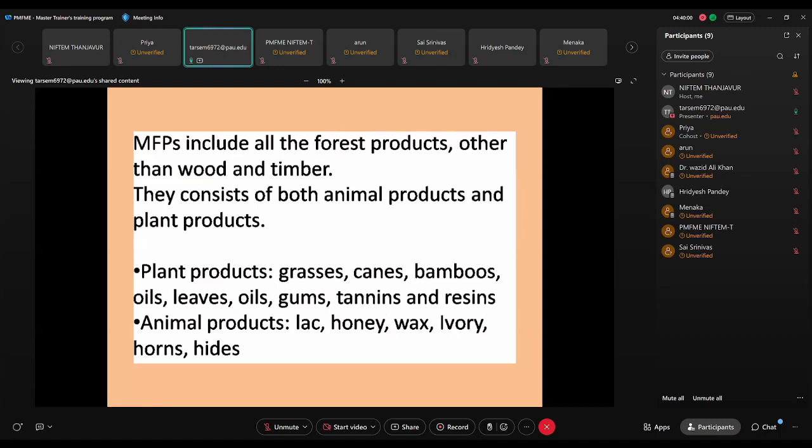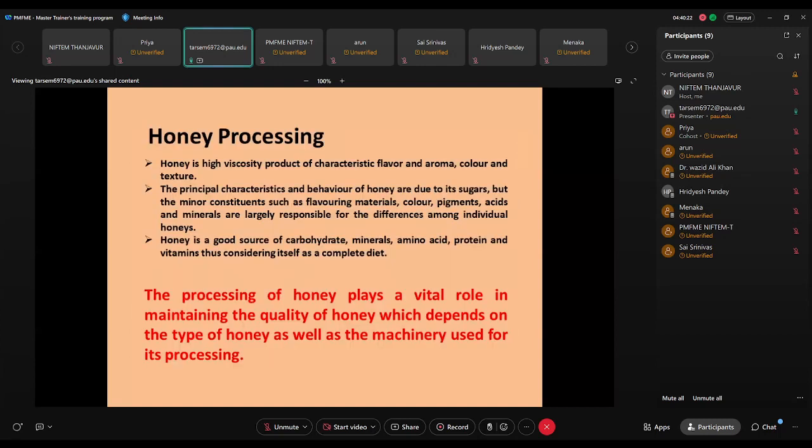A lot of equipments have been developed in our university, Punjab Agriculture University, for the production and processing of honey. If we are going to start a commercial unit, we have developed a very good technology for small scale processing of honey. Honey is a very high viscosity product, as we know.